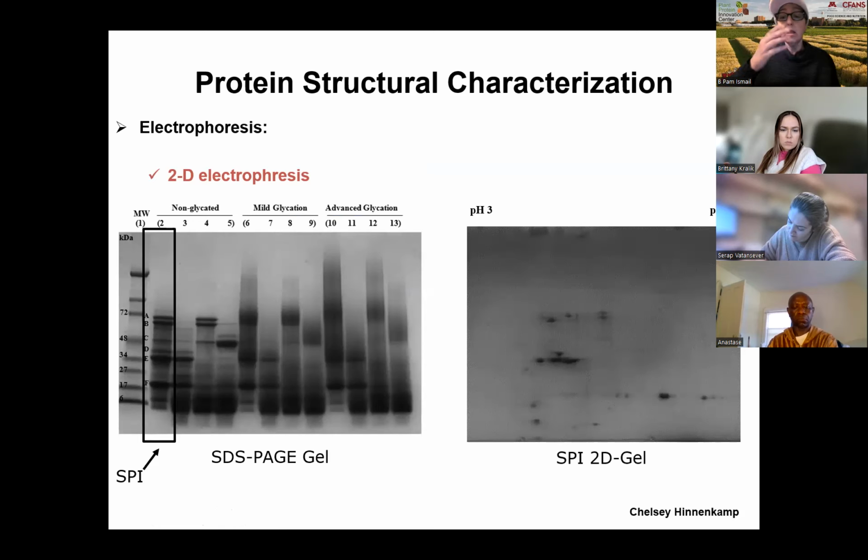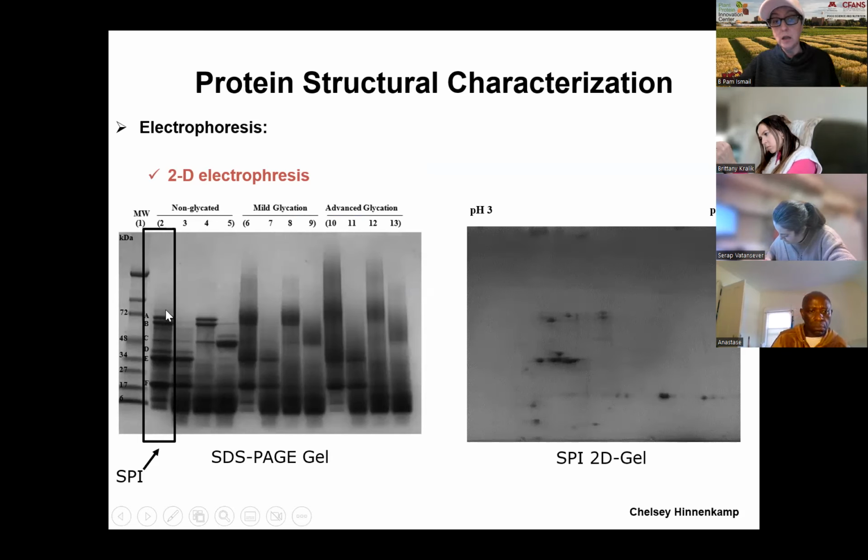Now, this is an example where we used 2D electrophoresis. Here we were looking at immunoreactivity of soy protein. We took soy protein isolate and separated it on the first dimension with isoelectric focusing, and then by size.